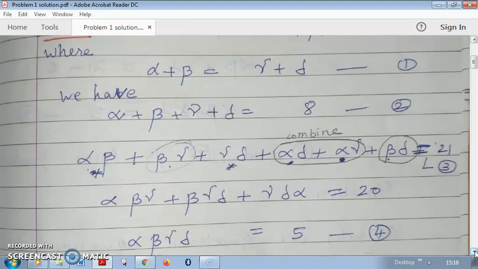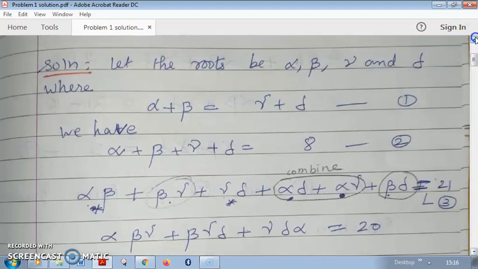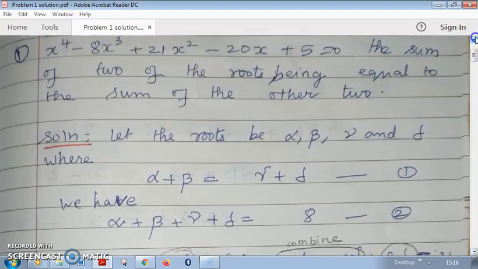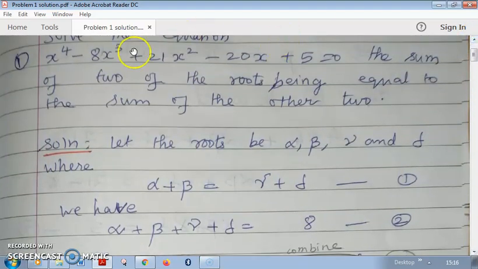The first one is the sum of the roots taken one at a time, that is minus of 8 by 1, x cube's coefficient by x power 4's coefficient. The sum of two roots taken at a time will be x square's coefficient divided by x power 4's coefficient, that is 21 by 1.